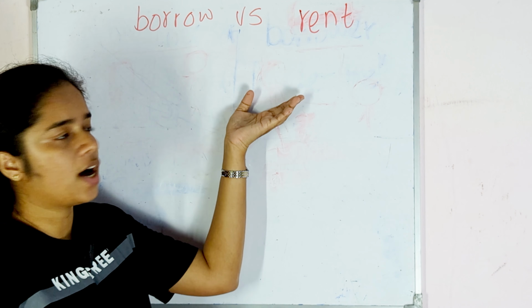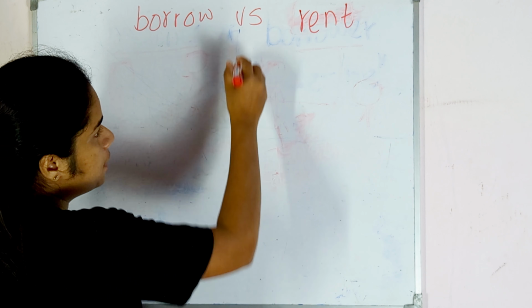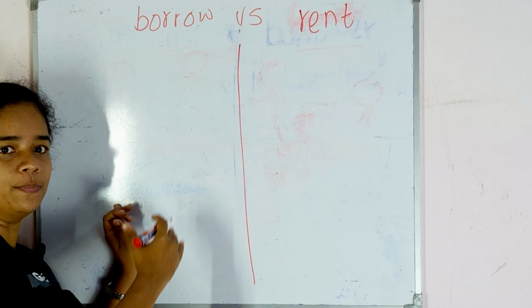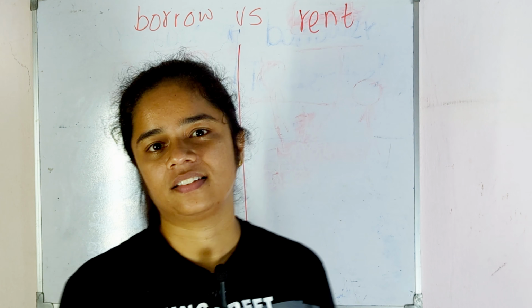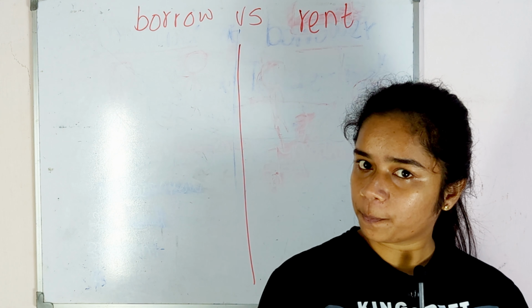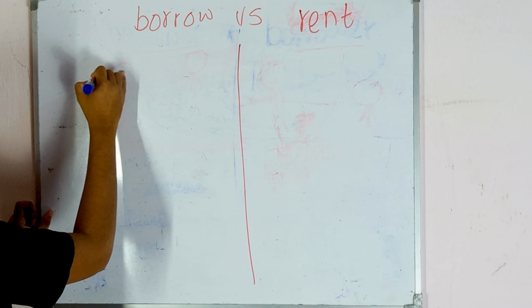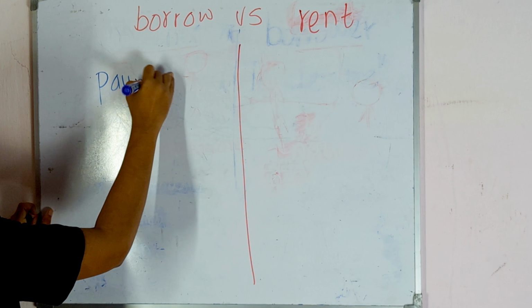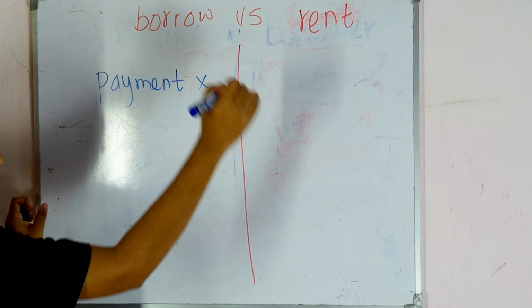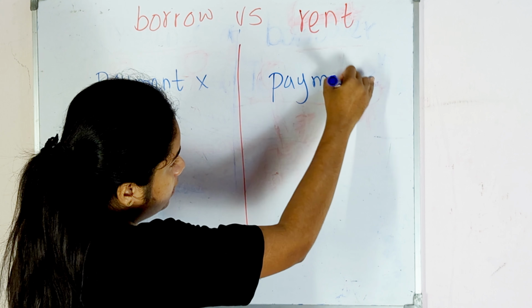So the next word I wrote here is rent. So borrow versus rent. What is the difference that you see between these two verbs? When you borrow something, do we have to pay? No, we don't have to pay. So the payment is not needed. But when you rent something, the payment is needed.